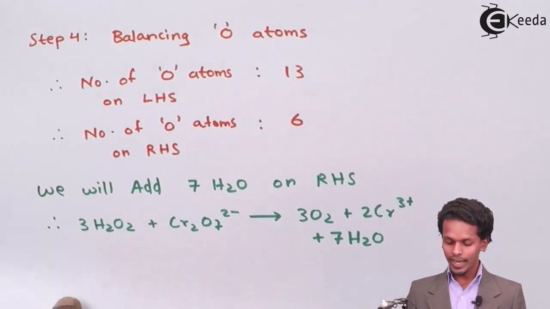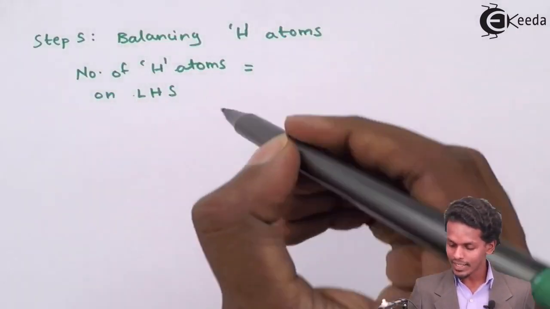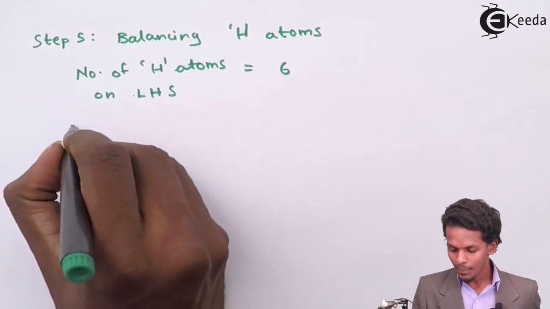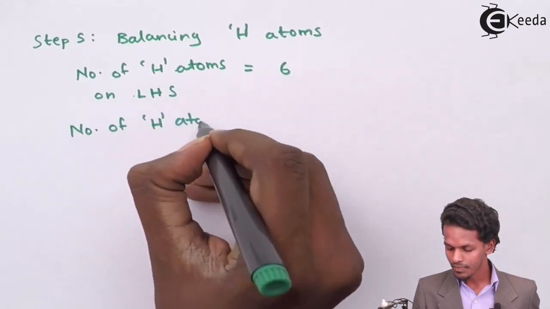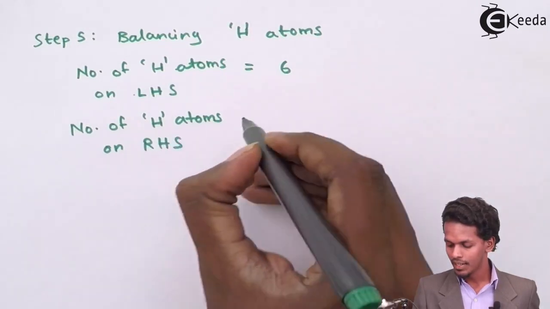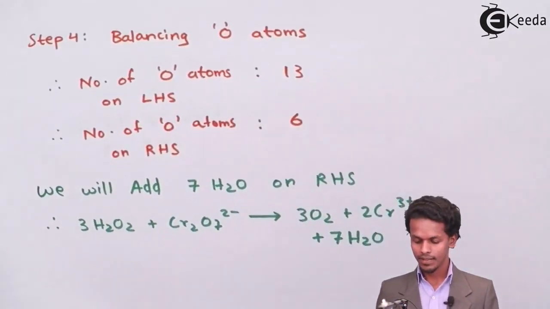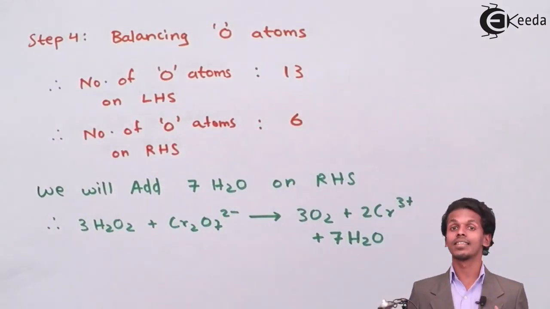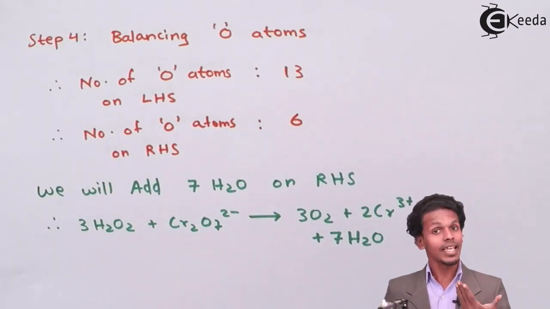So I could write that the number of hydrogen atoms on the left hand side is 6, while the number of hydrogen atoms on the right hand side, let us see it again, there is 7 times H2O, which means there are 14 hydrogen atoms present on the right hand side.